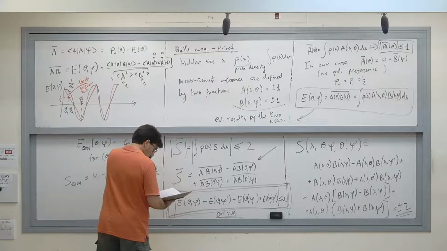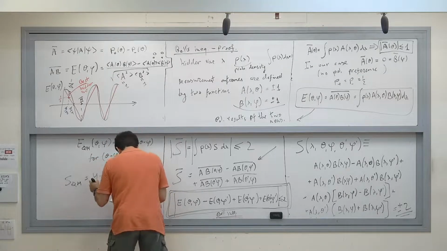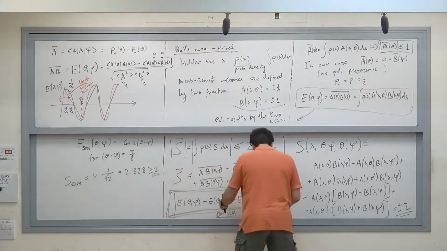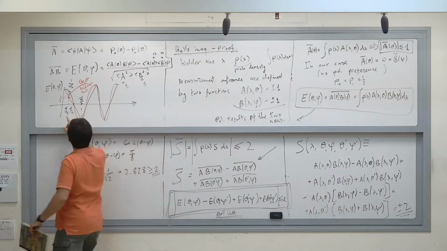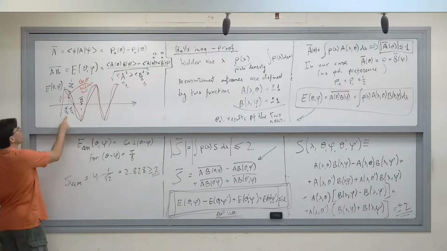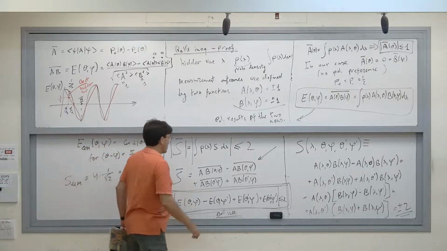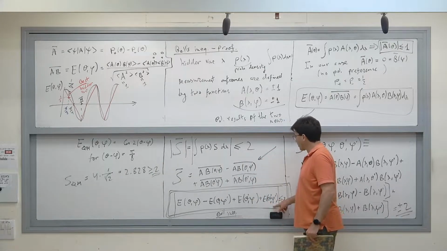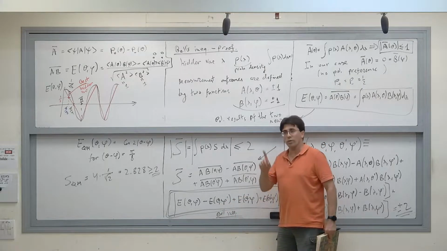I'll choose for this one. You know, the problem is you can look here. So all those that I need to be positive, I'll choose for them pi over 8. So theta minus phi is pi over 8. And theta prime minus phi is pi over 8. And theta prime minus phi prime is pi over 8. But theta minus phi prime is going to be 3 pi over 8.